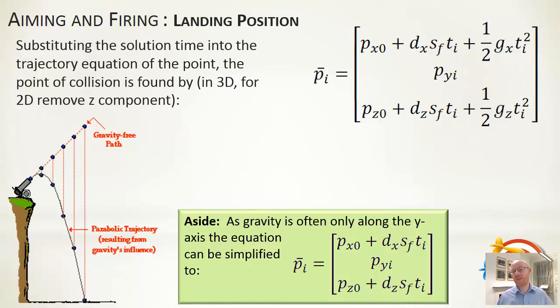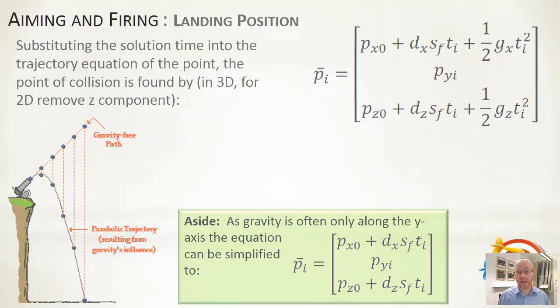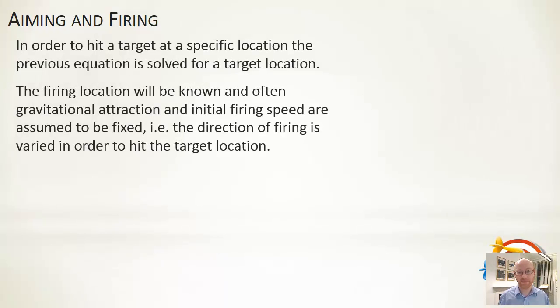This maintains gravity having both an x and a y coordinate. Often gravity is just simply in the y direction, if it's your traditional game. So it simplifies to the form shown on the bottom of the slide. But by solving that for a particular height, we can get the time, and plugging it back in, we can then get the position at which the ball will hit our target location, or target height on the ground.